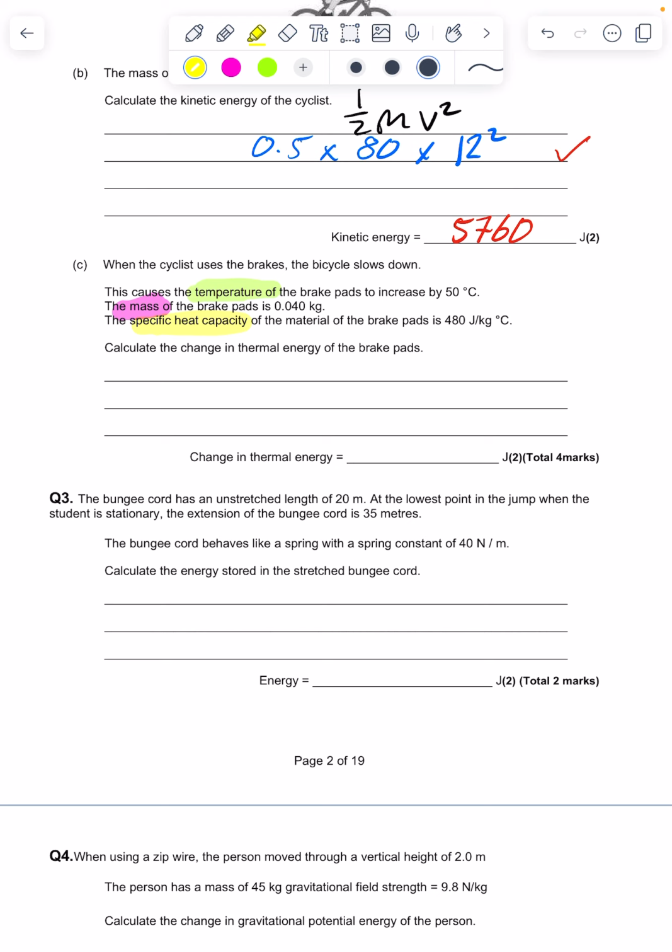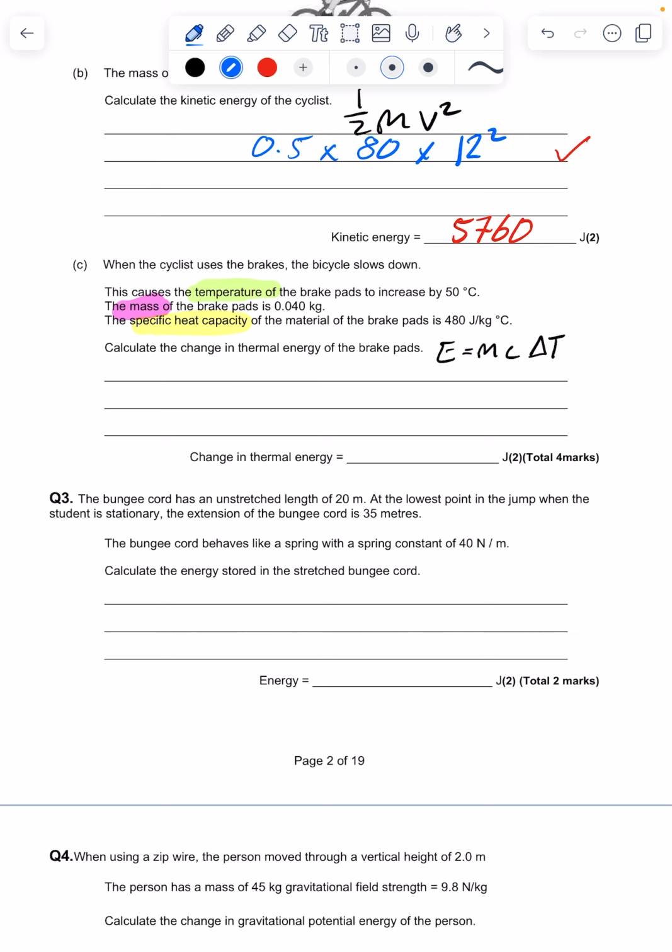So that's why we're going to use that equation. We want to calculate the change in thermal energy, so this equation is energy is equal to mass times the specific heat capacity times the change in temperature. We then want to substitute our numbers into this equation.